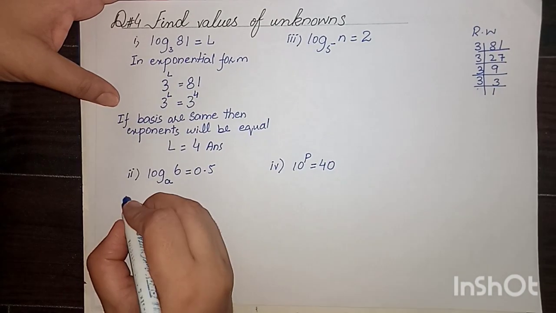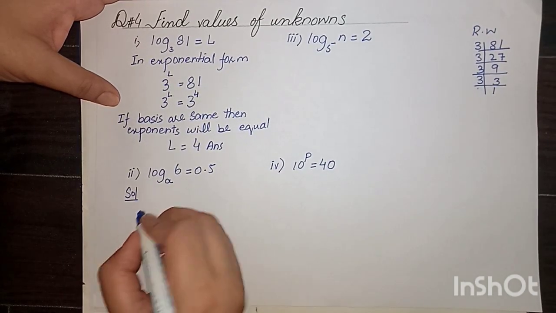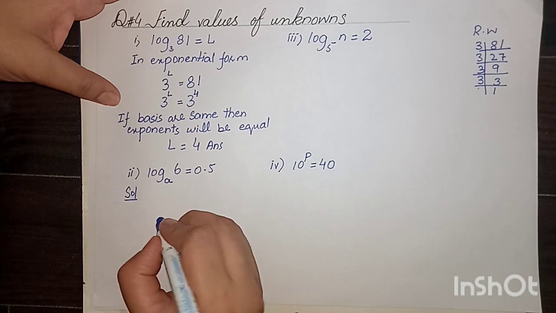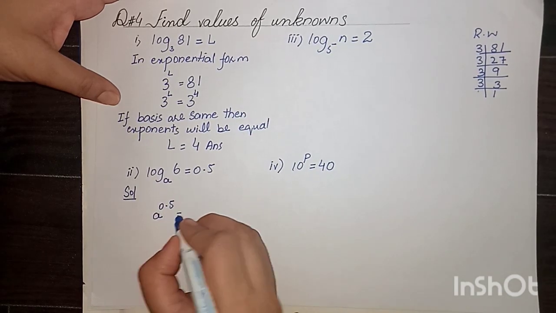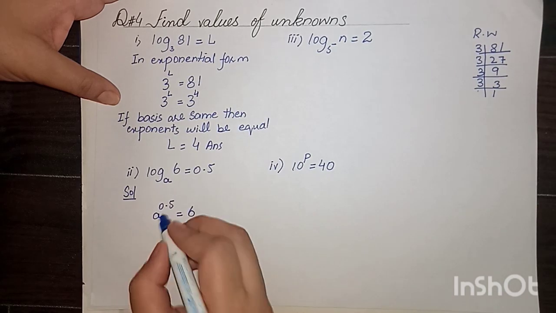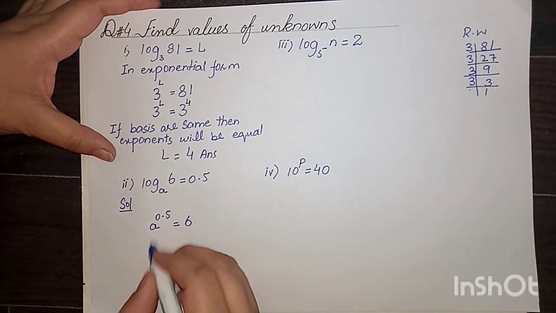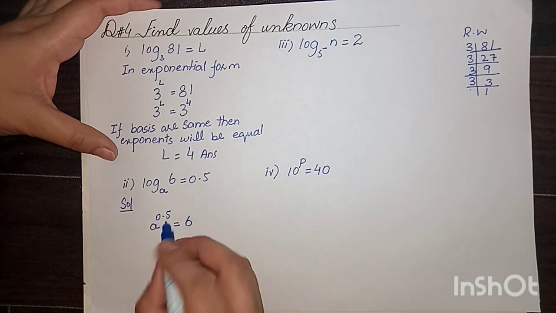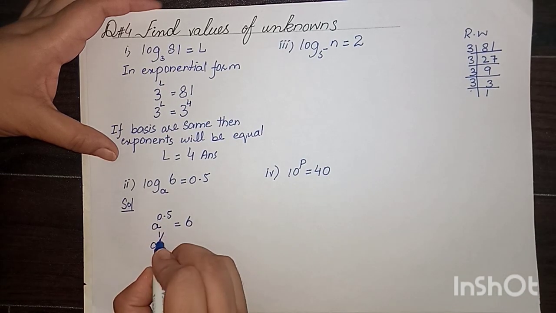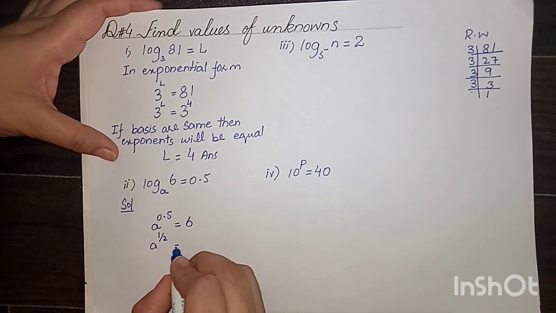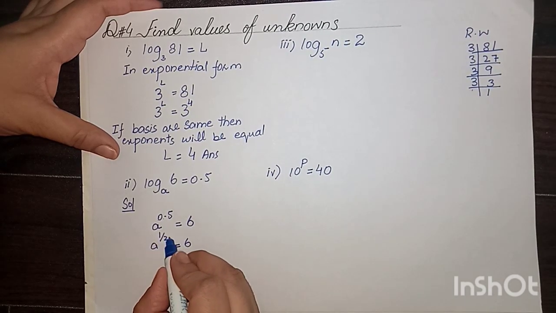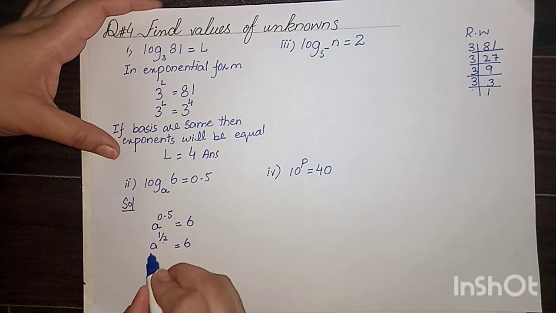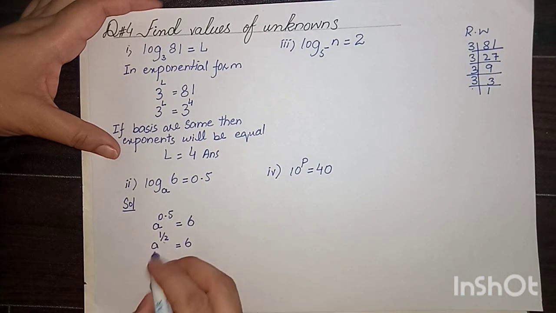For the next question, in exponential form, this is a to the power of 0.5 is equal to 6, and we also know that 0.5 is equal to 1 over 2. So now we will eliminate this 2 because we have to find the value of a.